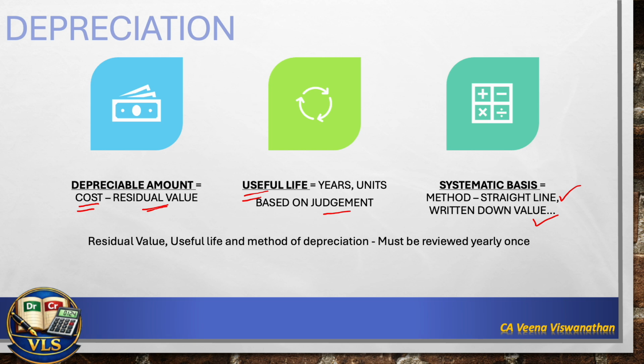So, in summary, depreciation is the tool that helps us to spread the cost of an asset fairly and consistently across its useful life. As per the standard, the residual value, useful life, and method of depreciation must be reviewed at least once every year by the management.